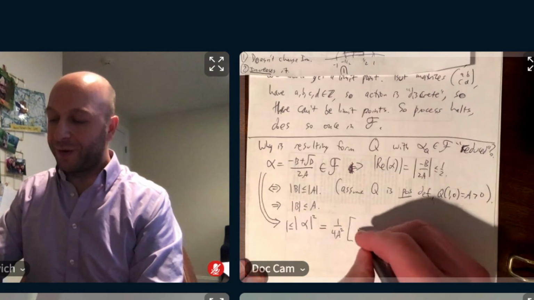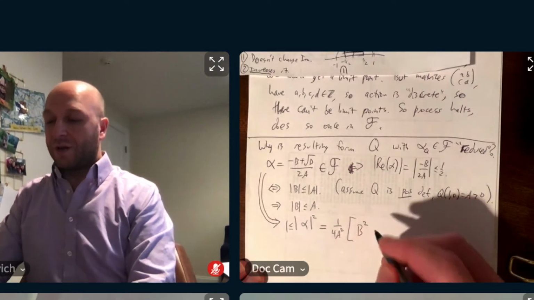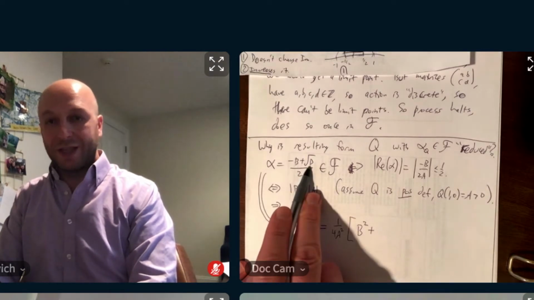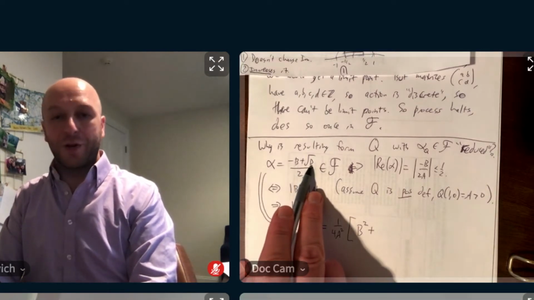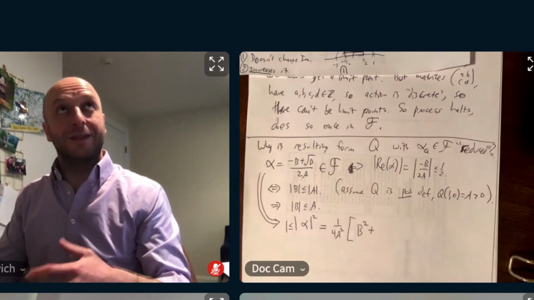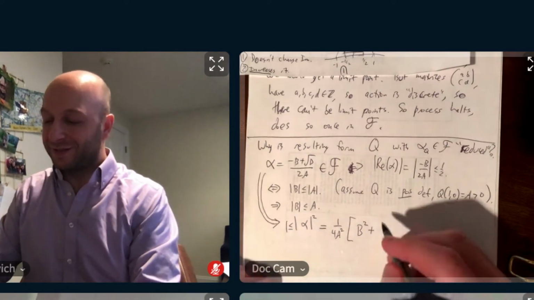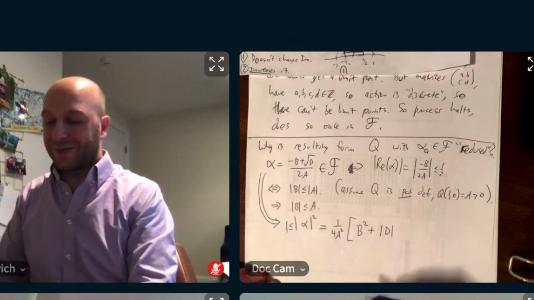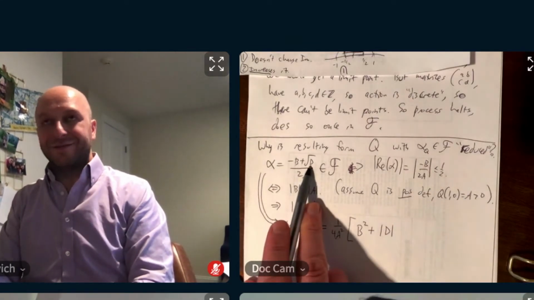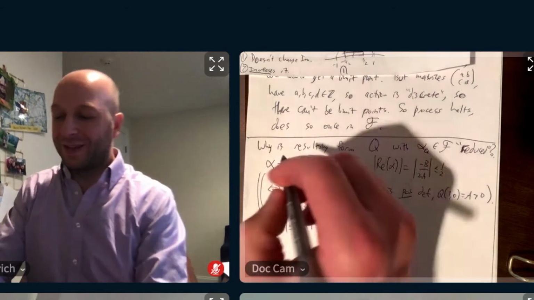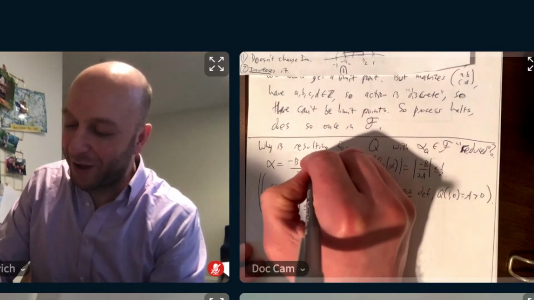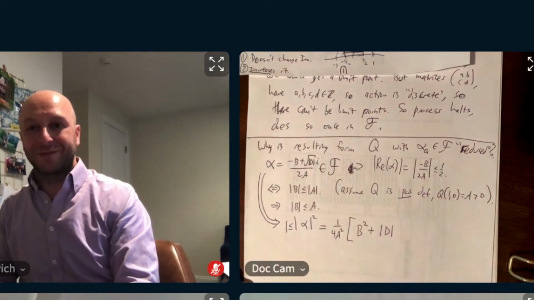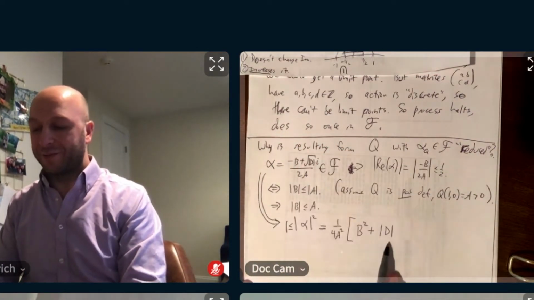The real part squared is b squared, plus the imaginary part squared. And the imaginary part squared is the square root of d, but it's the absolute value of the square root of d. Let me make this positive and then explicitly put the i so that you see it there. So then it becomes the absolute value when I take the square.